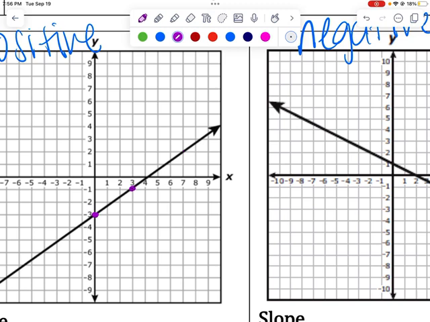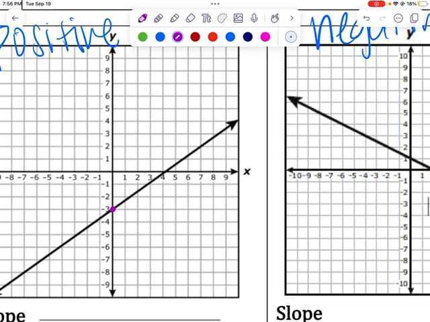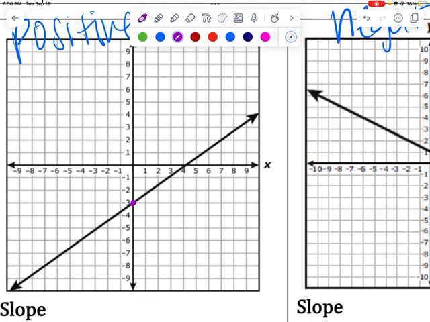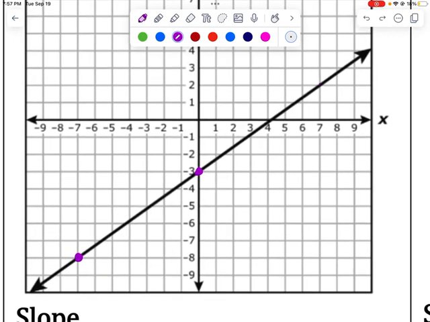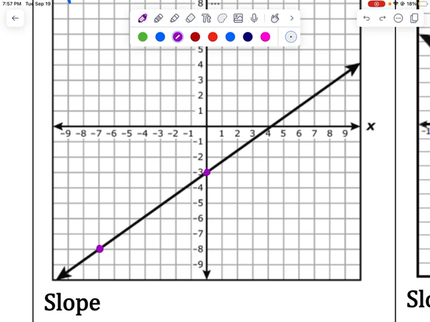Let's see, up 2 to the right 3, up 2 to the right 3. This is a tricky graph. I don't like this one. Because they're slightly off. I think this one's a good one. And then I'm going to also pick, I think this one. I think those are for sure good ones. This one, you see how it's got that corner right here, slightly off. I'm worried about that one. But I think those two will work for now.